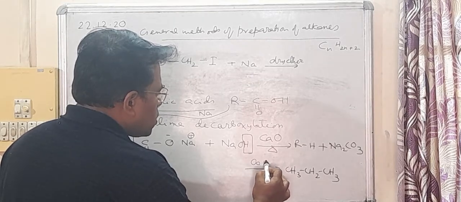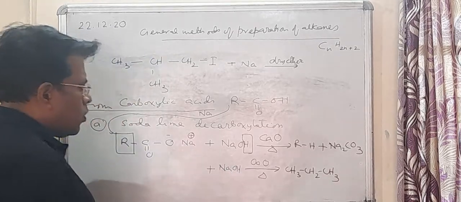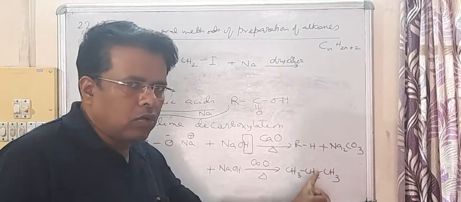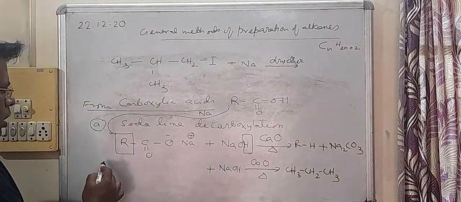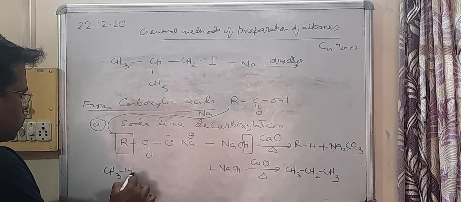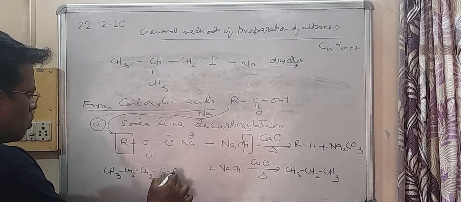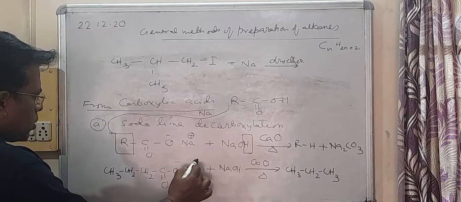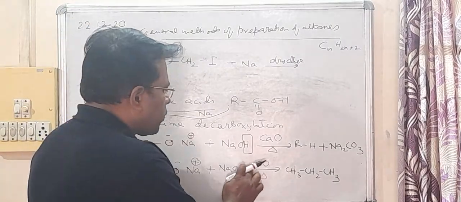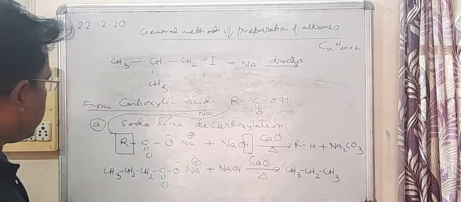You can go like this: CaO, delta, NaOH. Which compound you have to take here, you have to decide. Looking into this, it will be CH3CH2CH2COO- Na+. This compound, on heating with soda lime, will give you this alkane.